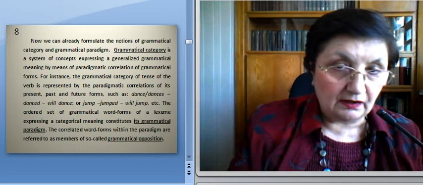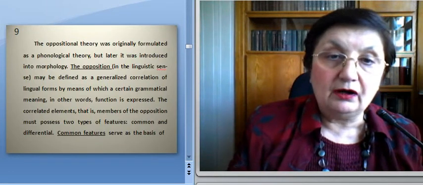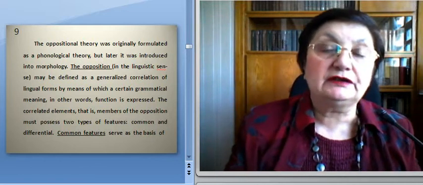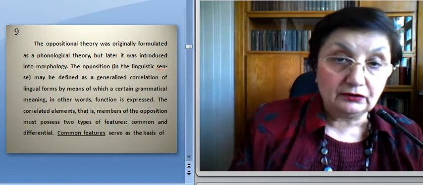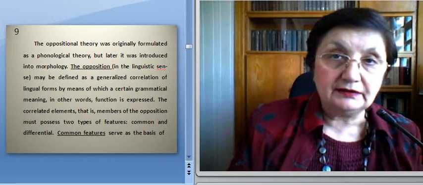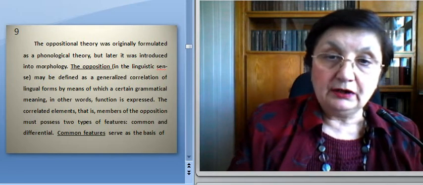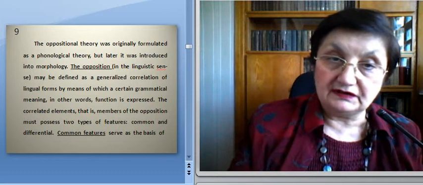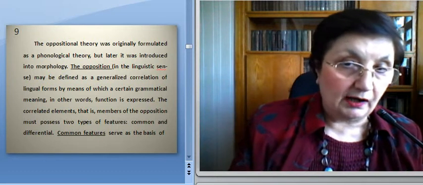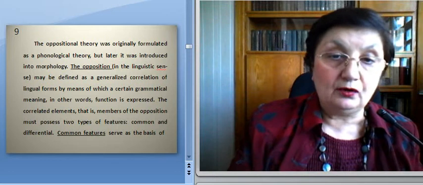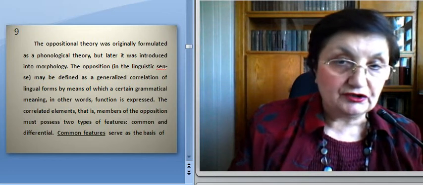The oppositional theory was originally formulated as a phonological theory, but later it was introduced into morphology. The opposition, in the linguistic sense, may be defined as a generalized correlation of lingual forms by means of which a certain grammatical meaning, in other words, function, is expressed.